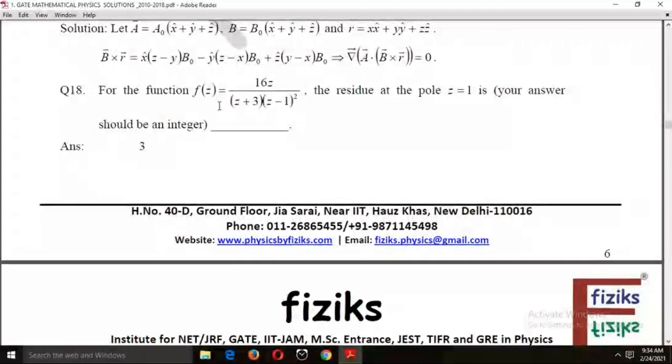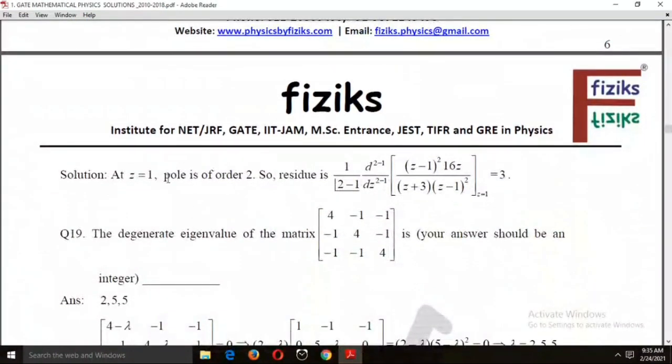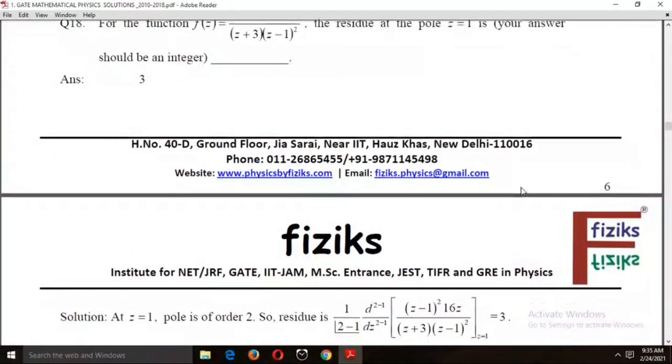For the function f(z) equal to 16z upon (z plus 3)(z minus 1) raised to power 2, the residue at the pole z equal to 1 is? For residue, we equate the denominator to 0 and z equal to 1 is a pole of order 2. So residue will be 1 upon factorial (2 minus 1) d(2 minus 1) by dz(2 minus 1), and it will give 3. So our answer will be 3.